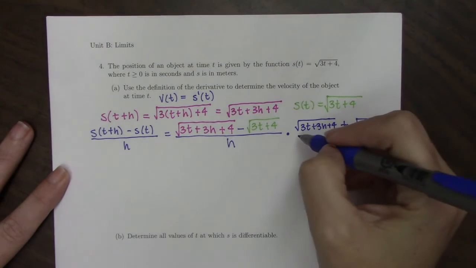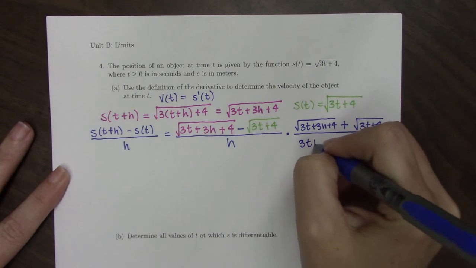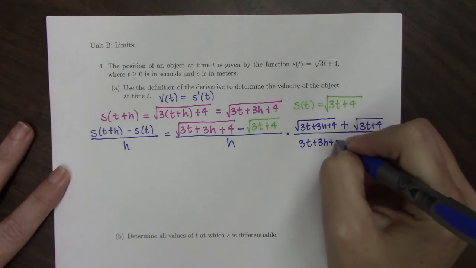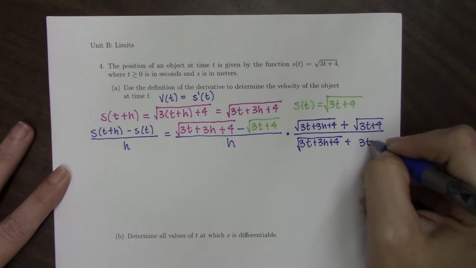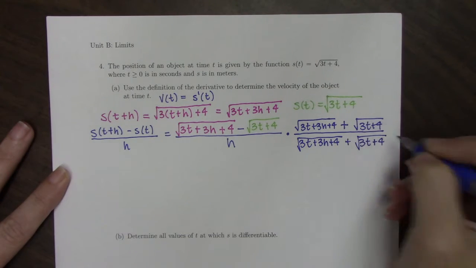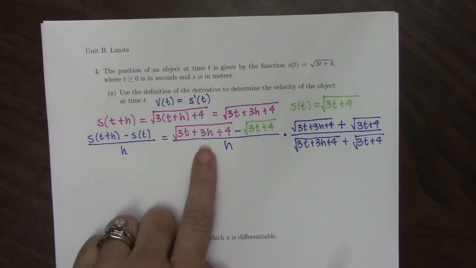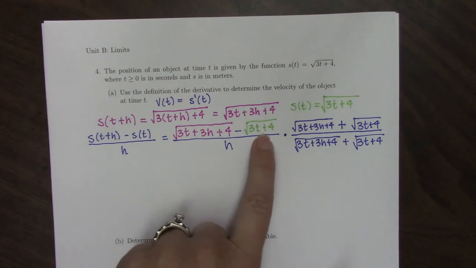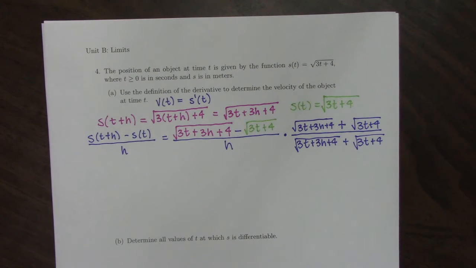So in order to make this legal in math, whatever you do to the numerator, we have to do the same thing to the denominator. And the reason the conjugate works is basically what we're saying is we have an a minus b times an a plus b. So we actually have created a difference of squares.